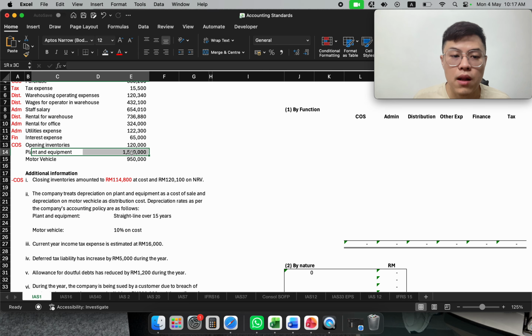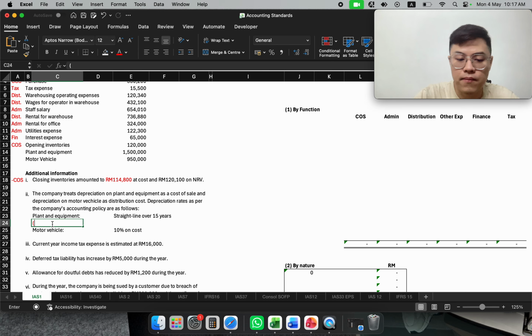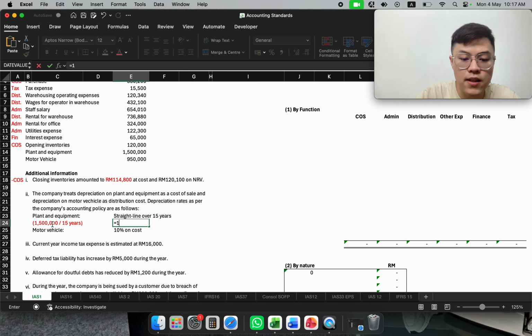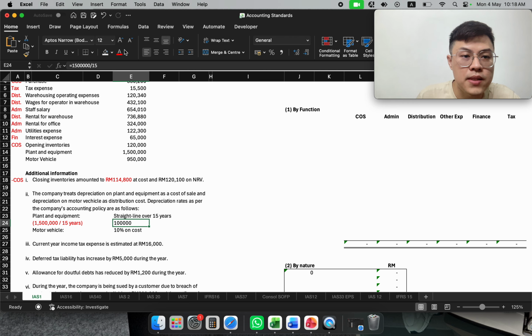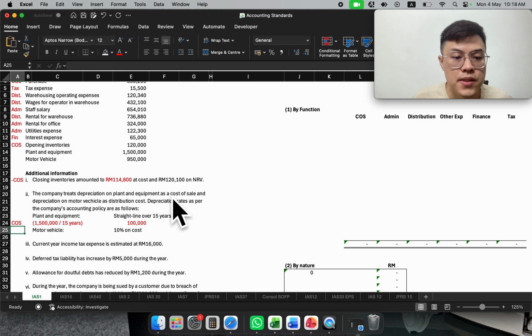Plant and equipment 1,005 million divided by 15 years. So if we divide it by 15 years, our depreciation will be 100,000, and therefore this will be put under cost of sales. Since the question mentions depreciation, plant and equipment, put it under cost of sales.